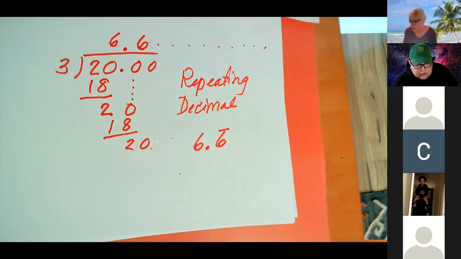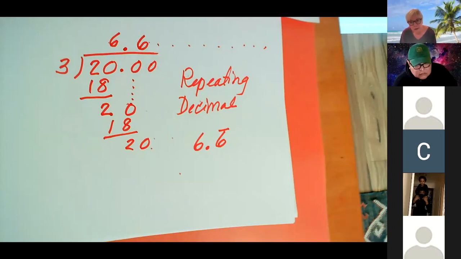Because that happens. Certain numbers that you divide by create repeating decimals every time. And anything with a 3 in it, 3, 6, 9, will do that. There's other ones that repeat.